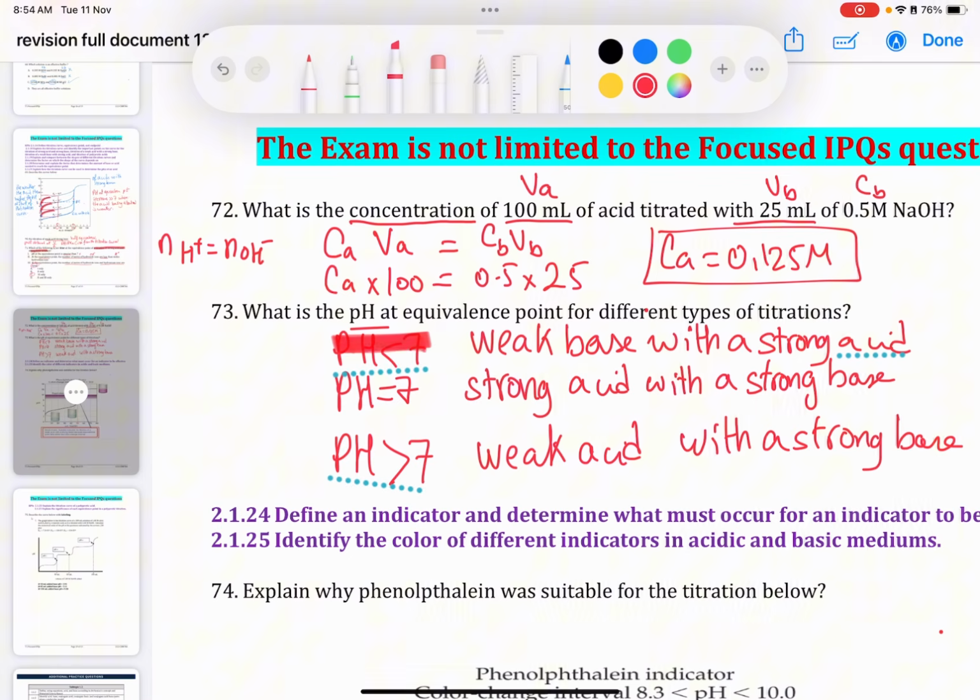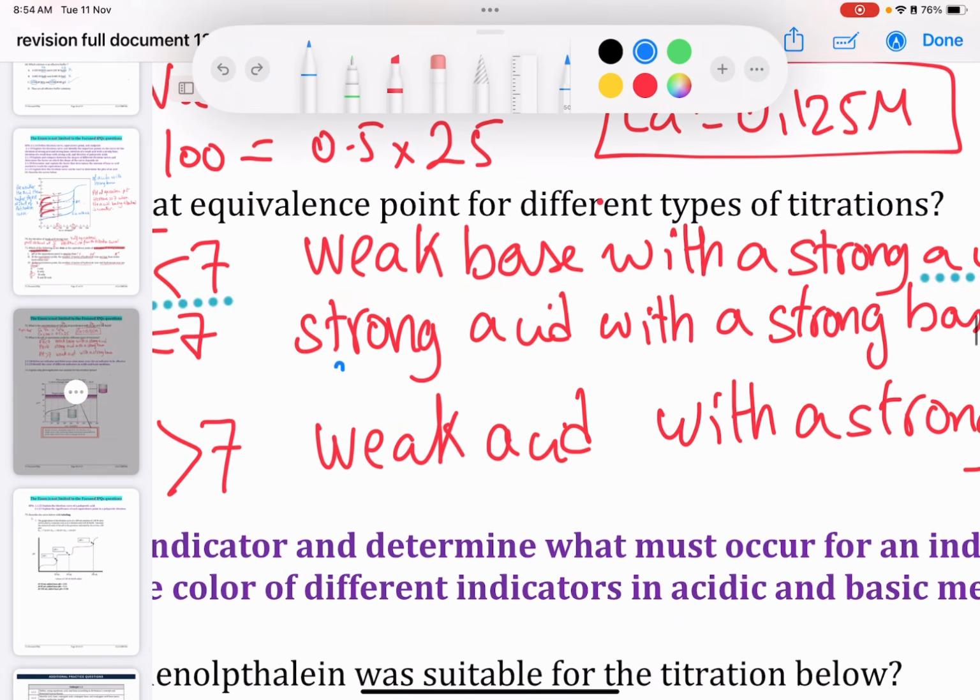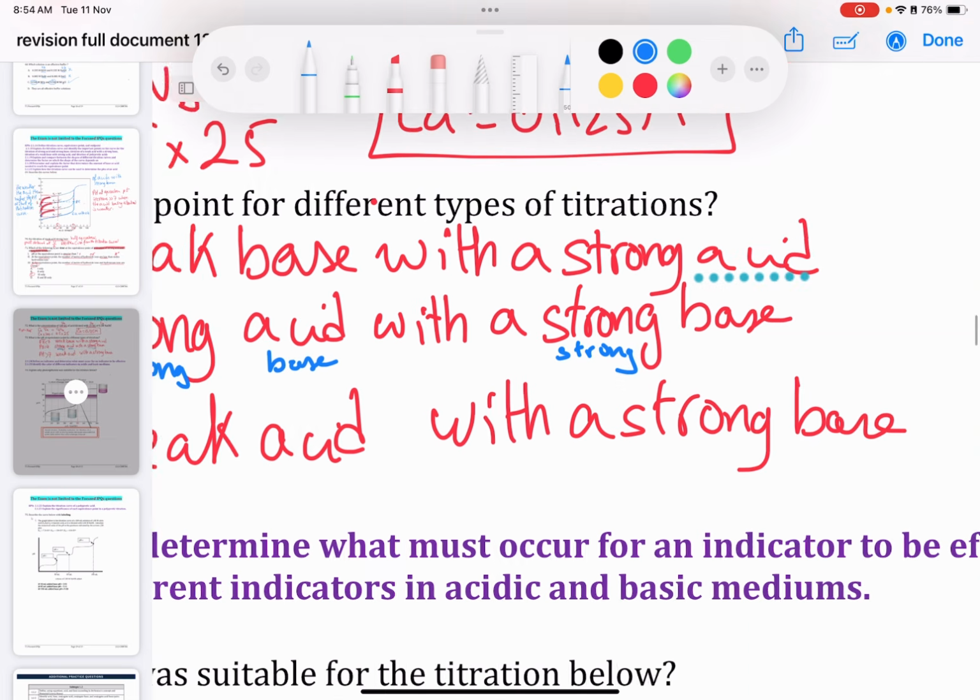I didn't say "and vice versa" in these choices. So I also have pH equals 7 when I am titrating a strong base with a strong acid.